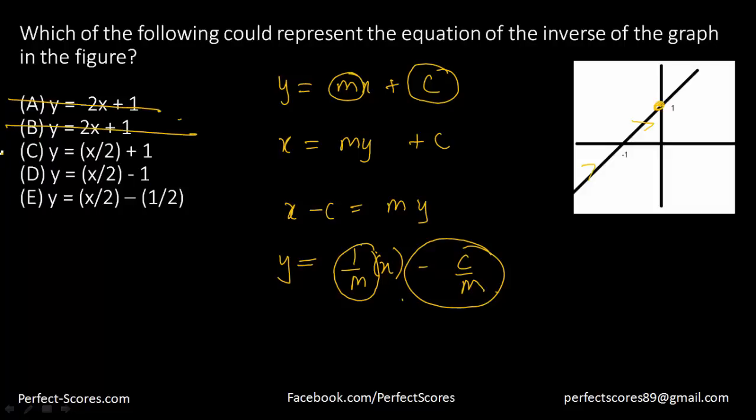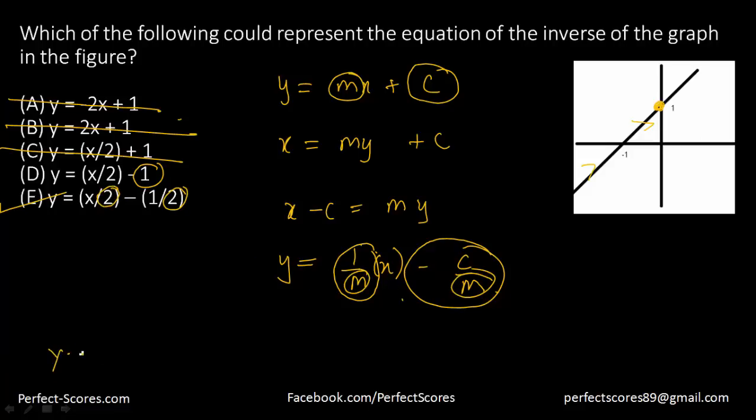So I can eliminate this, I can eliminate this. And as you can clearly see, the intercept does not remain the same. It actually gets divided by the slope. So my answer is option E, where it gets divided by m.